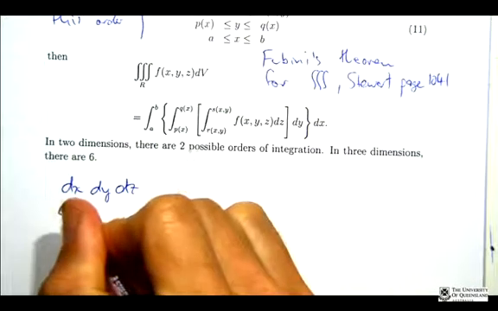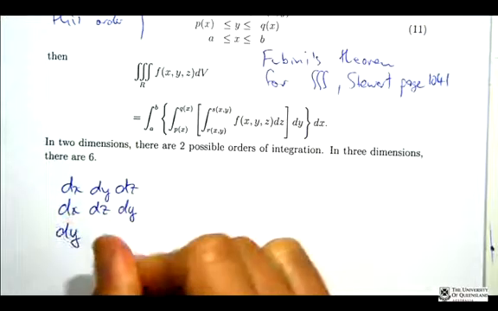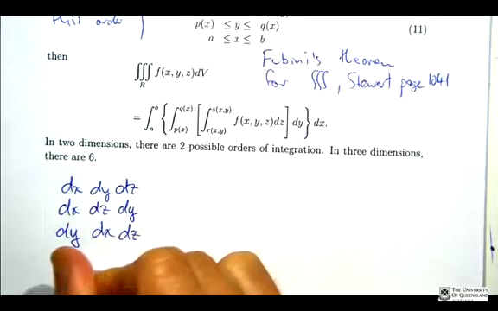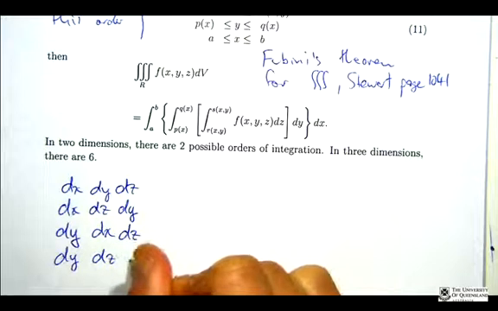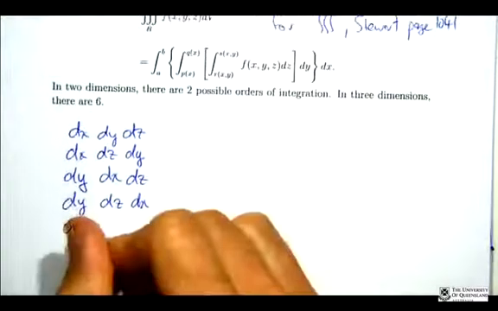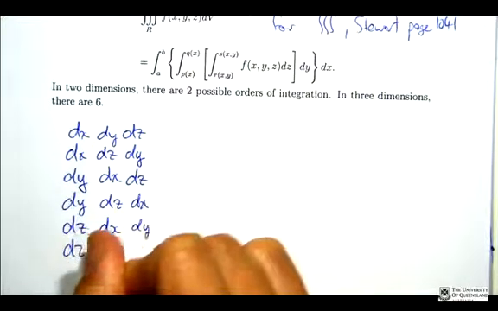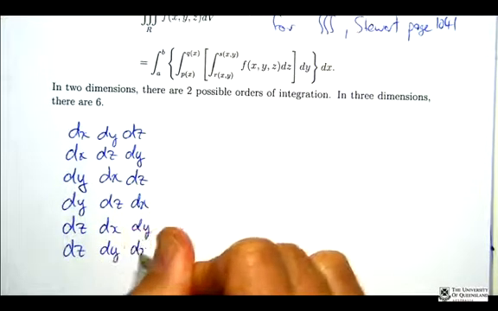So dx, dy, dz; dx, dz, dy; dy, dx, dz; dy, dz, dx; dz, dx, dy; and dz, dy, dx.